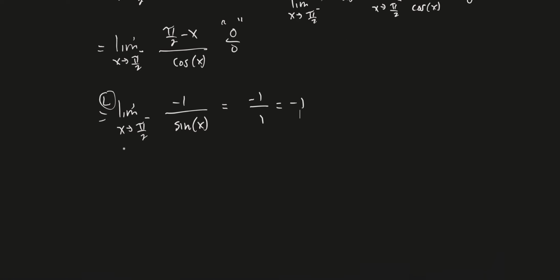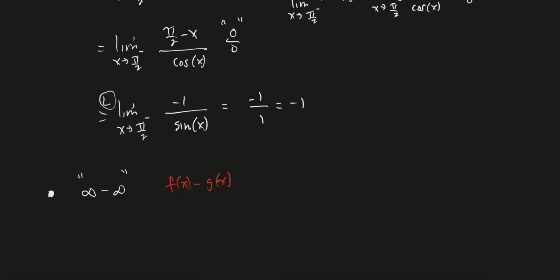Now, there's another form. So second one of our bullets. You have a form that looks like this. Infinity minus infinity, right? So what happens here is that you end up having a difference between two functions.